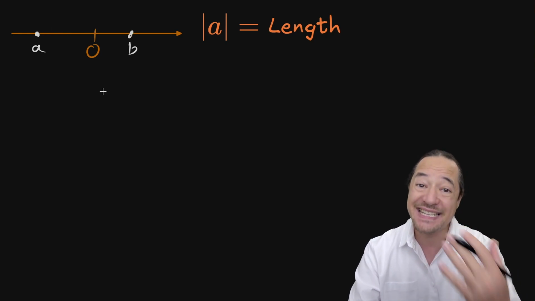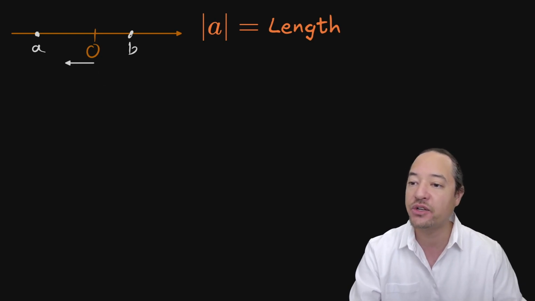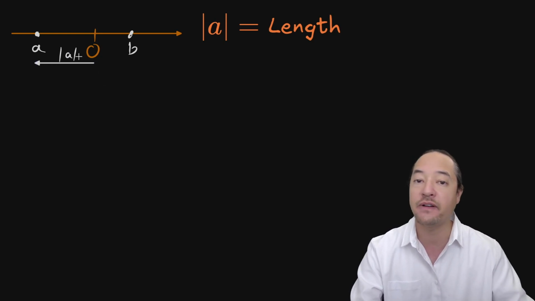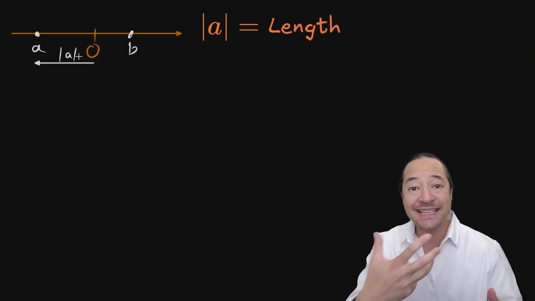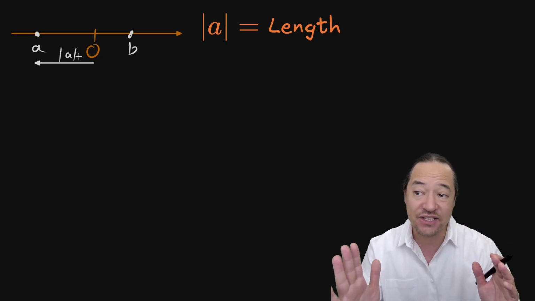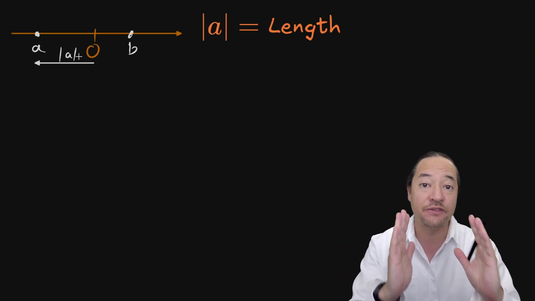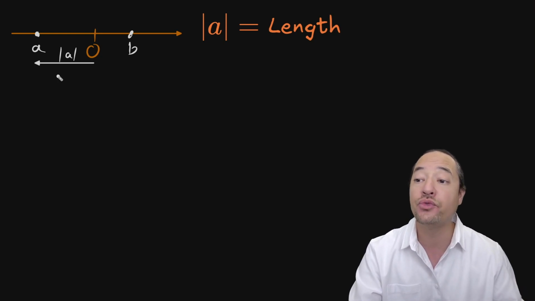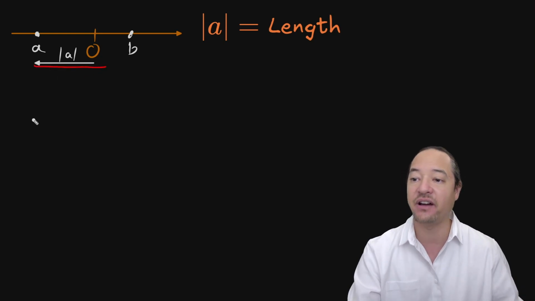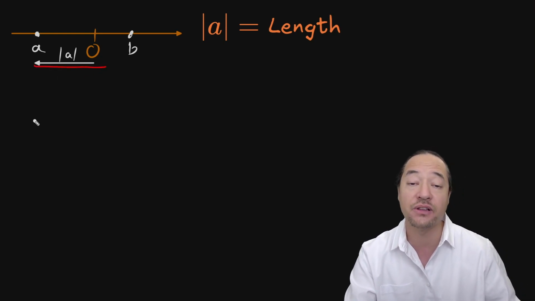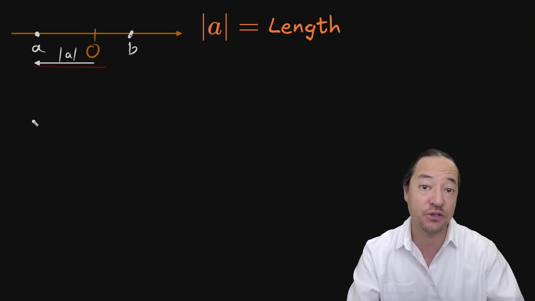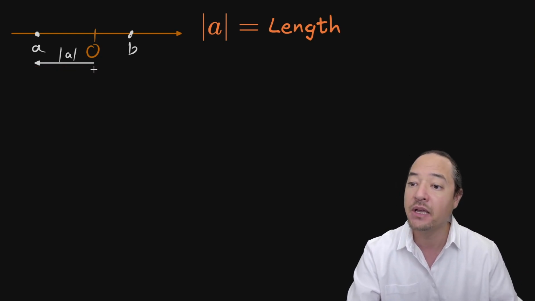So what is the distance to point A? Well, I could measure this distance by taking the absolute value of A. A is a negative number, but the distance to point A would then be the absolute value of A. And now I want to reinterpret that as the length of this arrow, okay? So the length of that arrow would be the absolute value of A. That'll give me a positive number for a length, right?